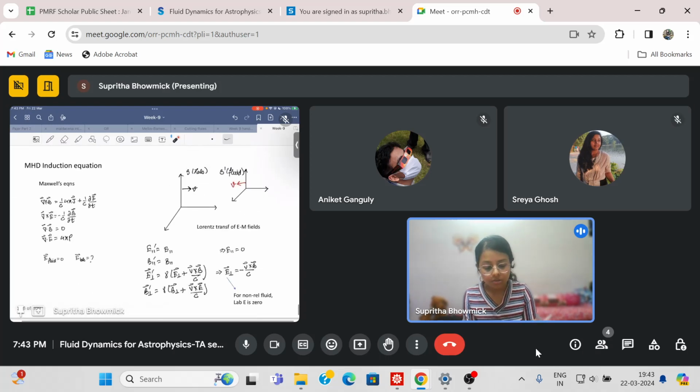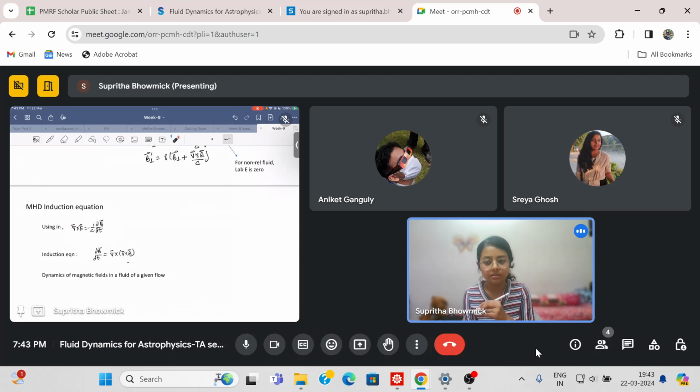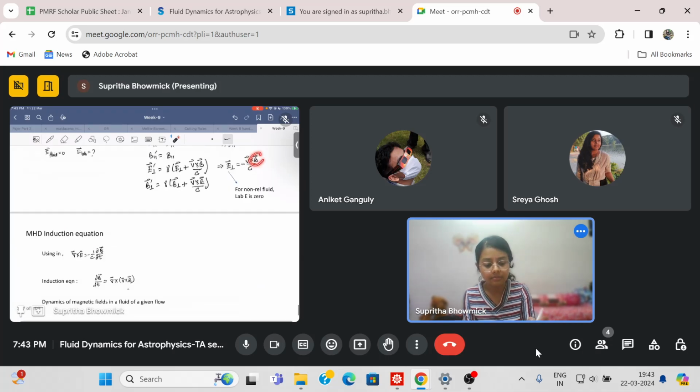All right. So this is a very important relation. What we can do with this is use this relation in one of the Maxwell's equations and get an equation which is completely in the variables of the magnetic field, right? So you can substitute for E over here, and this will give you a minus 1 by C curl of V cross B, and you have a minus 1 by C del B del T on the right hand side.